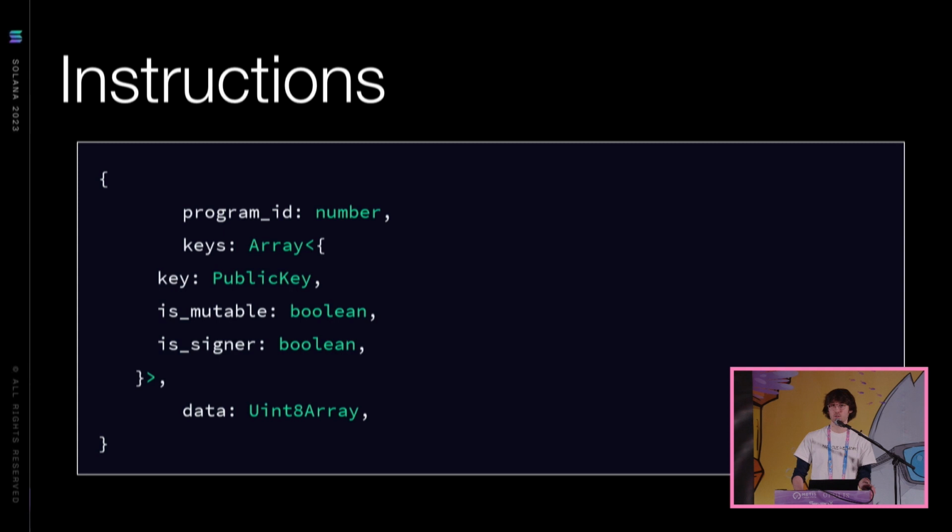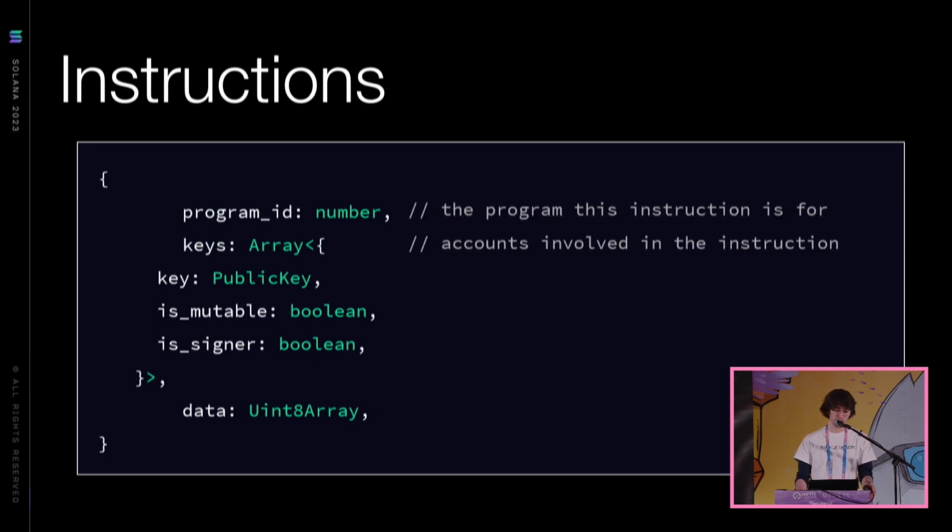So the instructions on Solana, this is what they look like. Again, a programmatic example of what the fields of an instruction are. Number one is the program ID. This refers to the program that the instruction is targeting. Number two is an array. This array refers to every account that's involved at every step of the process with actually executing a given instruction.